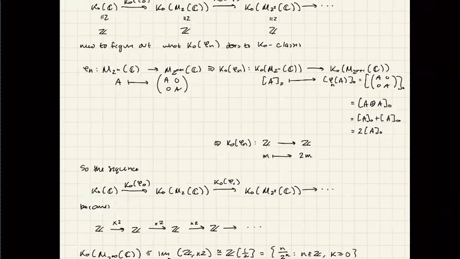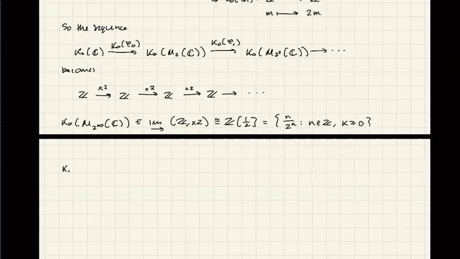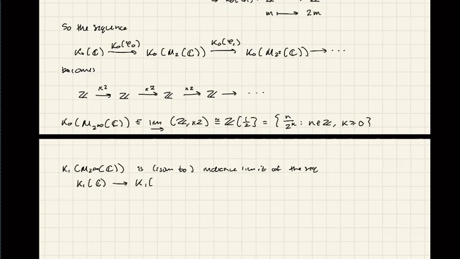So let's think about K1 really quickly. Remember, that theorem that I had before also applies for the functor K1. So K1 also respects inductive limits and sequences. So this is isomorphic to the inductive limit of the sequence of K1, K1 again, and you keep going.